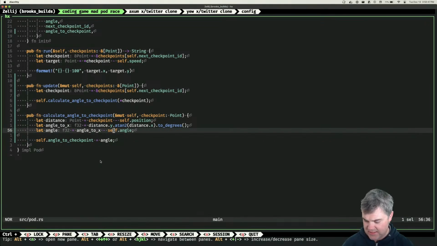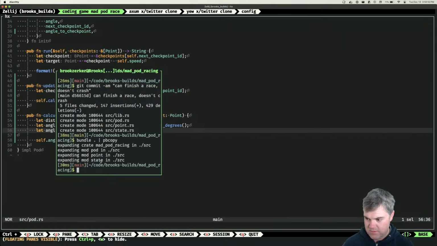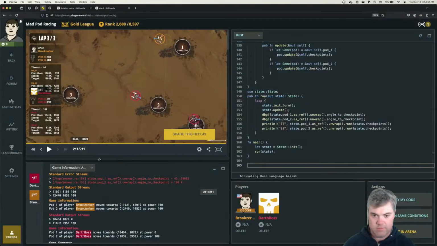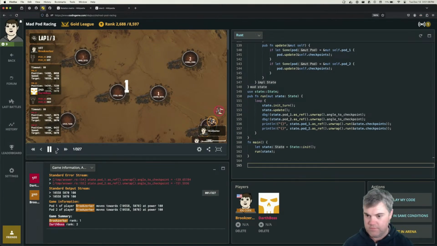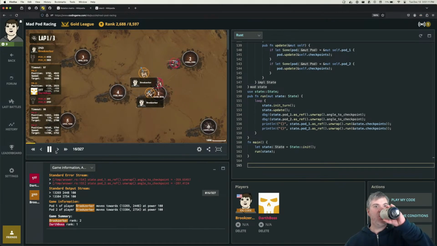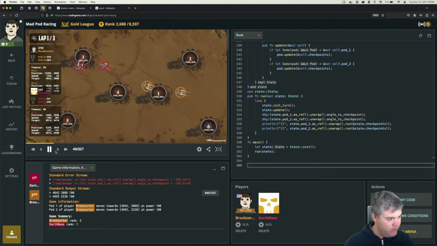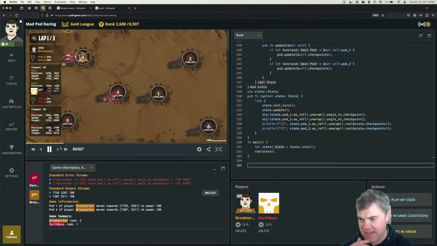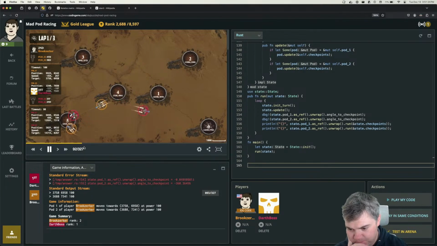I want to go back to this. Oh, if I angular modulo 360 minus 180, should get it within that range. So the reason that would work is because it can go up to 360 right now.